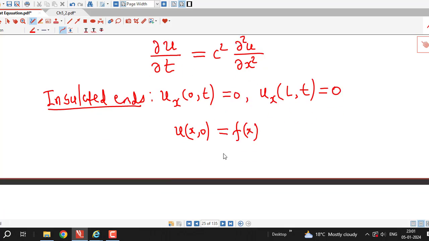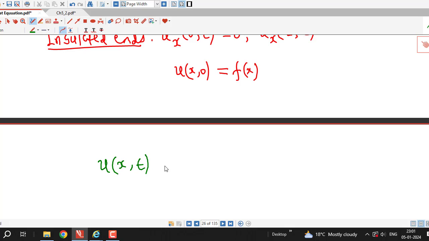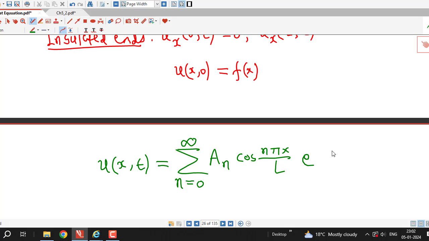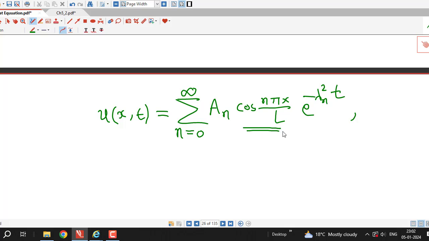So what we have seen is that the solution of this heat equation is given by u(x,t) equal to sigma n equal to 0 to infinity a_n cosine of n pi x over L e raised to minus lambda_n square t.